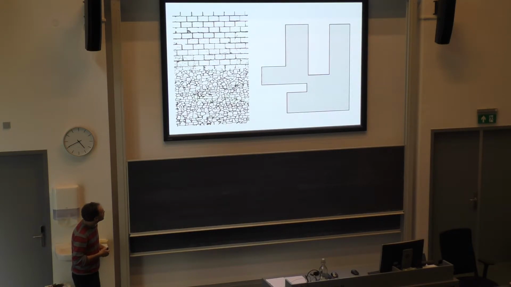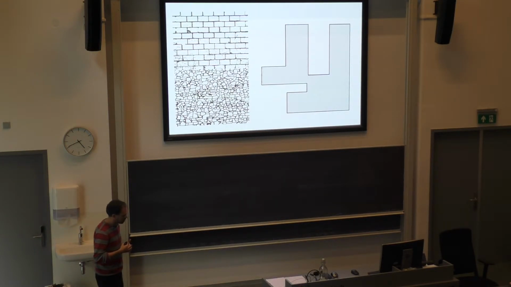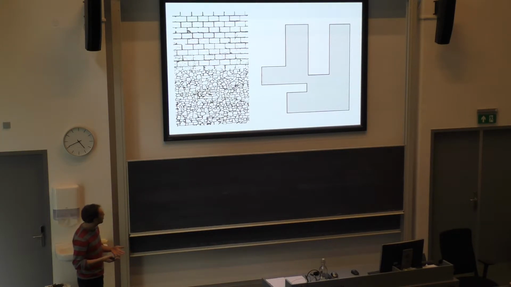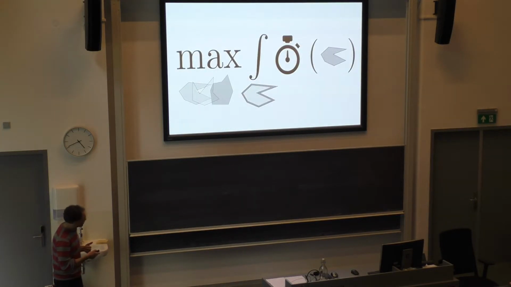Okay. Let me try to define smoothed analysis. It's interpolating between random average case analysis and worst case analysis. Okay, so we would take the maximum over all instances and then integrate over all small perturbations and see how much time you would take for each instance and integrate over all of those examples.